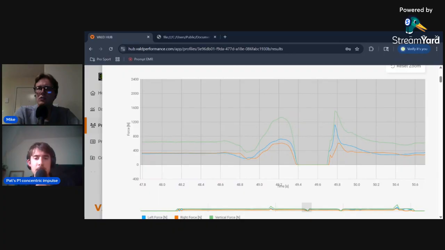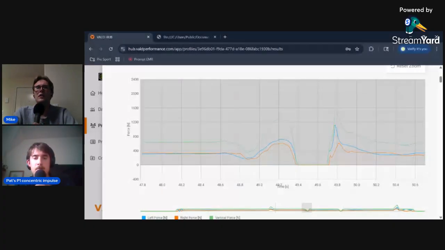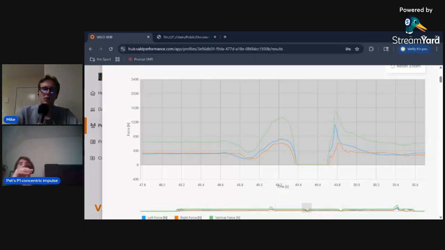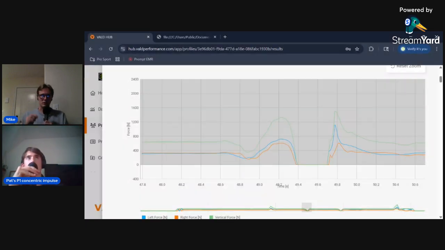No, so just to summarize, to make sure that I'm with you: you're doing both a body weight counter movement jump and a loaded counter movement jump. Normally you do a little bit heavier of a load, but you could already see changes with this lighter load.